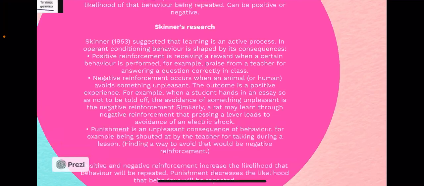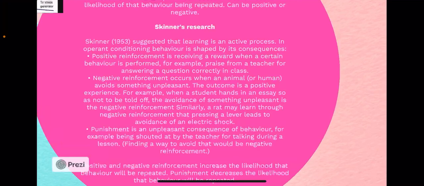The negative reinforcement, so there might be an electric shock going through the cage, and when the rat presses the lever, they would avoid getting that electric shock. So that would be negative reinforcement. So link the positive reinforcement and the negative reinforcement back to Skinner's research and Skinner's box.